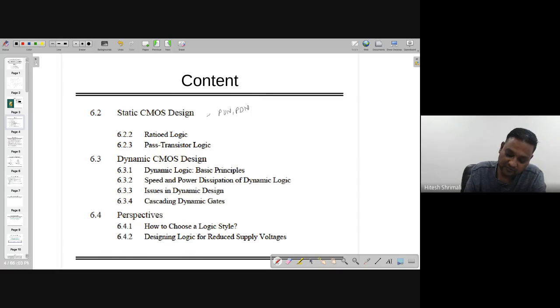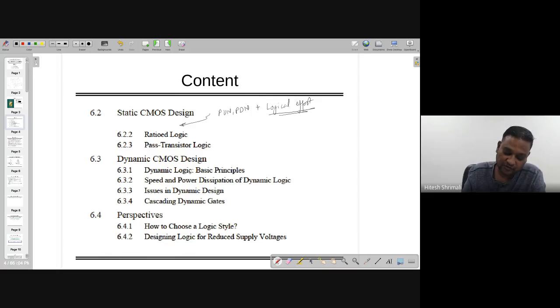So we have learned that already, and other than that, logical effort was also studied, but from a different book, though it is also given in this book. So if you want to follow Rabaey, you can follow Rabaey. If you want to follow West and Harris, you can follow that also. But my lecture is on the basis of West and Harris.